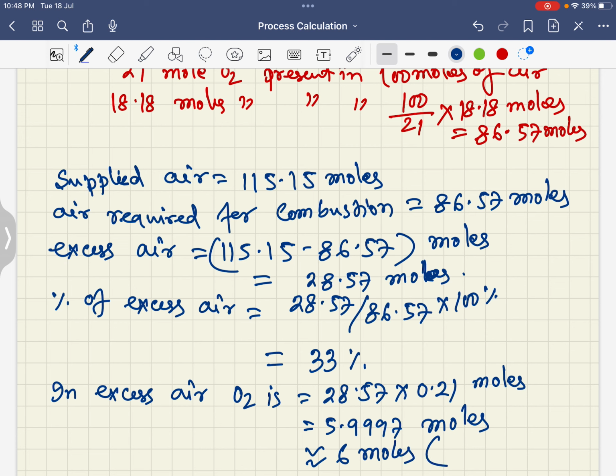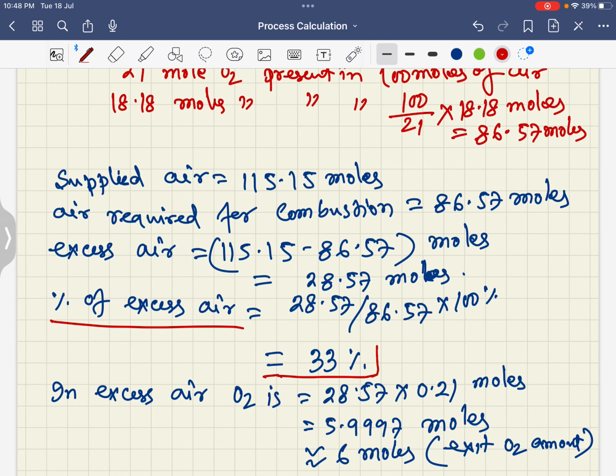So that is the exit oxygen amount, means our calculation is correct. So now excess air, that is 33%. So that is our problem.